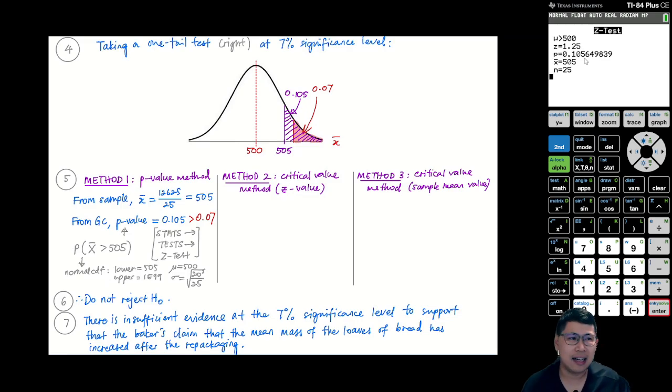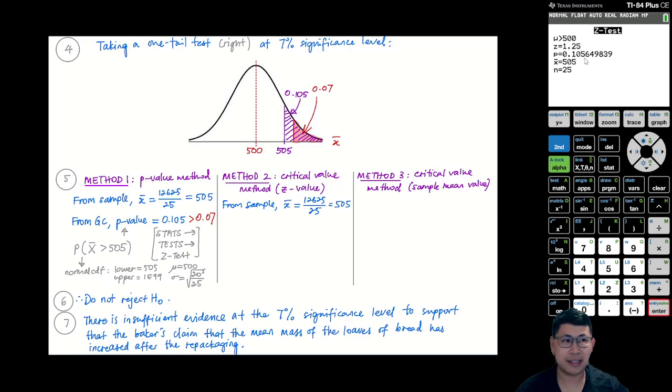Let's take a look at method 2, which is the critical value method, or the z-value. For this one, how we present our answer is the same, from our sample. Our x bar is 505, the standard deviation is 25, and the mean is 500.